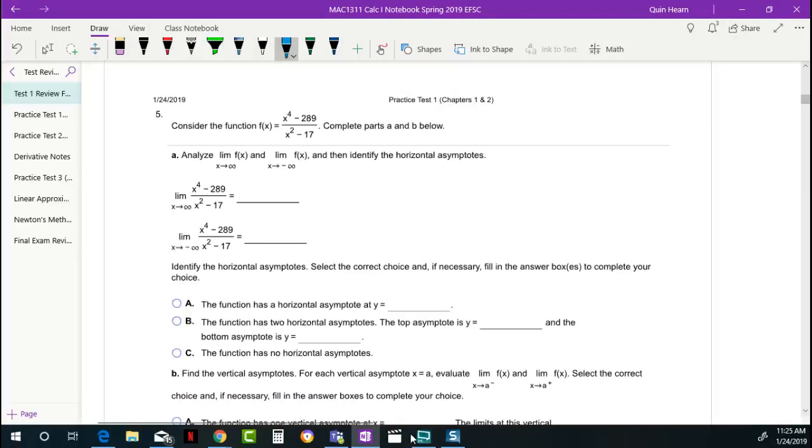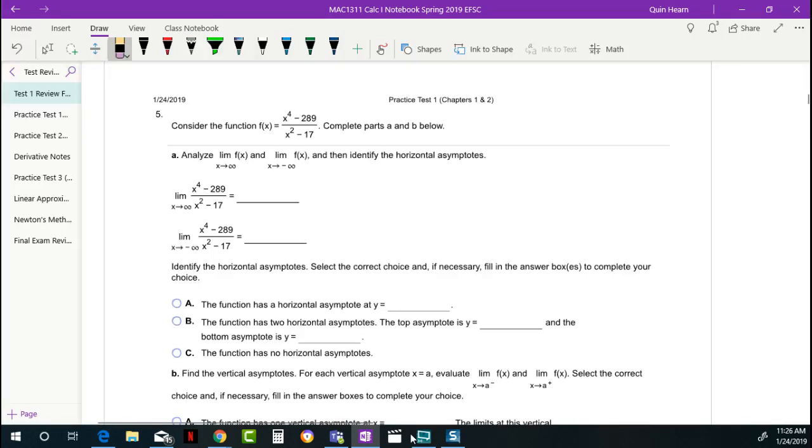All right, so this one is a calculus question because it's involving limits. It tells us to consider this function, f of x equals x squared minus 289 over x squared minus 17, and they want us to think about the limit as x goes to infinity.